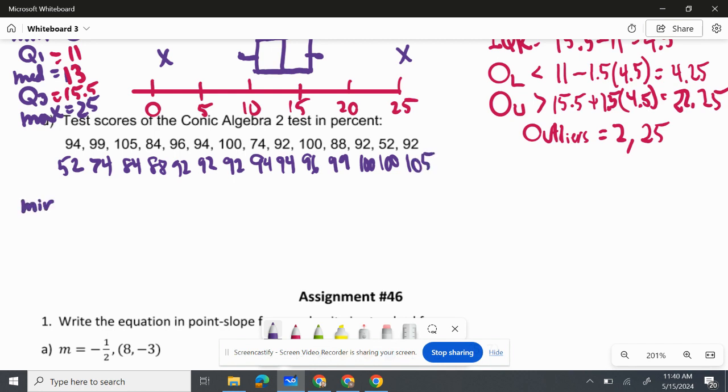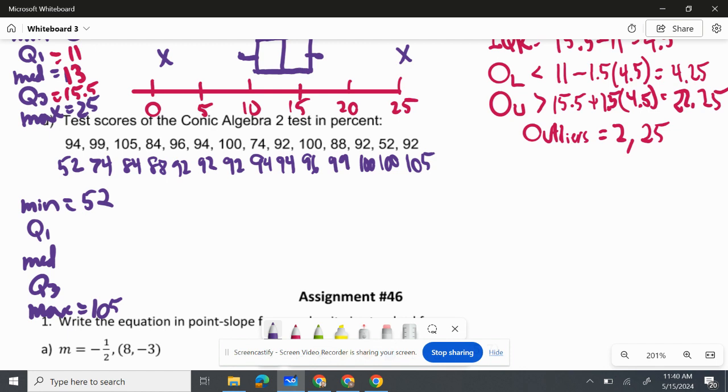We're looking for our 5-number summary: minimum, Q1, median, Q3, and maximum. So minimum is 52, maximum is 105. We have 1, 2, 3, 4, 5, 6, 7, 8, 9, 10, 11, 12, 13, 14.